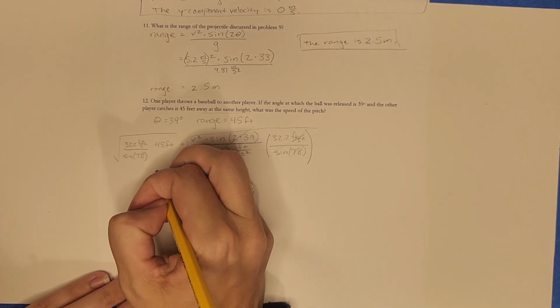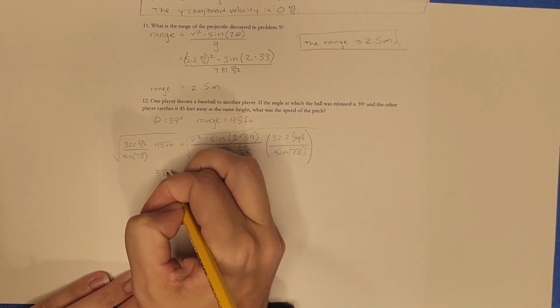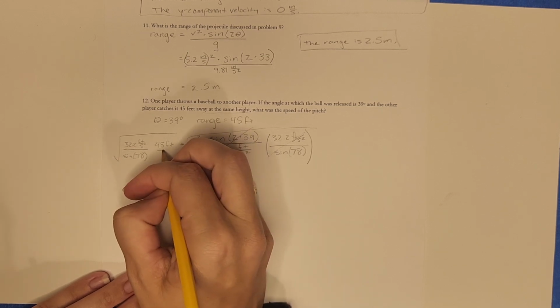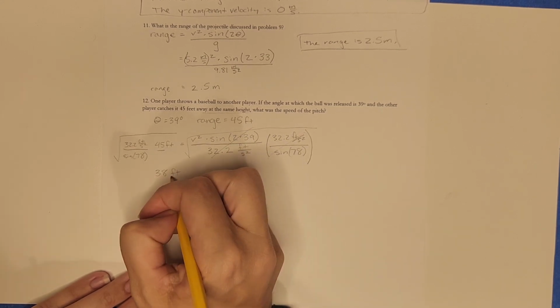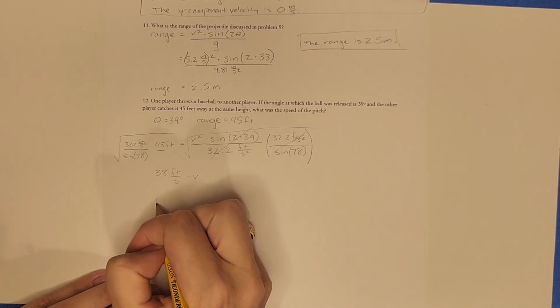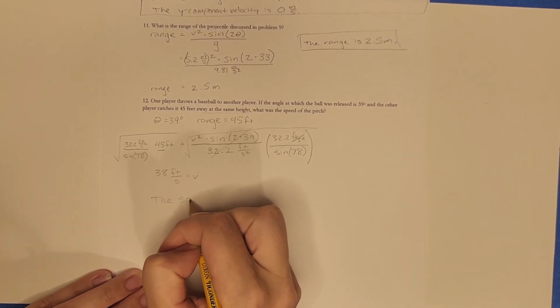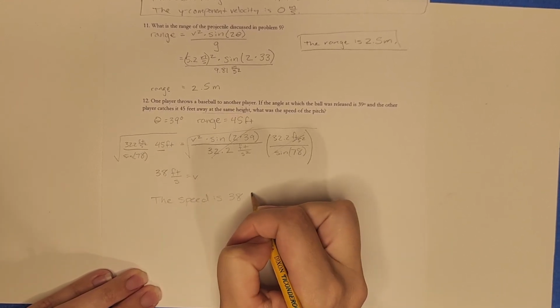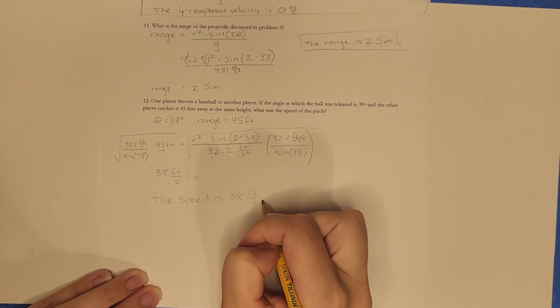And so once I do that, it's going to be 38 with 2 significant figures, because I have 2 significant figures here, feet per second equals the velocity. So the speed is 38 feet per second.